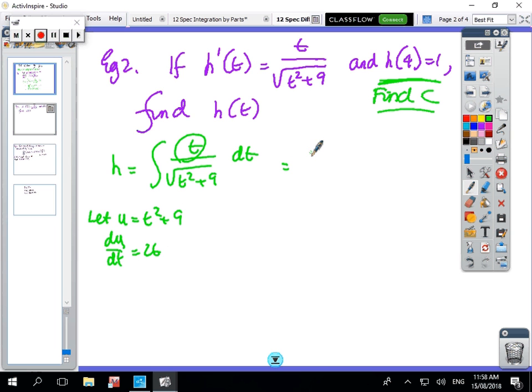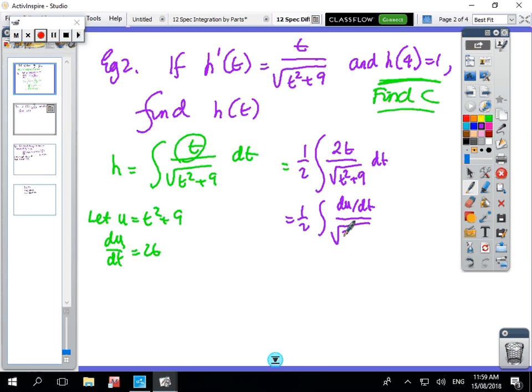So basically, I'll change colours. I've got a half of 2t over the square root of t squared plus 9 dt, which is a half of du dt over square root of u, dt.